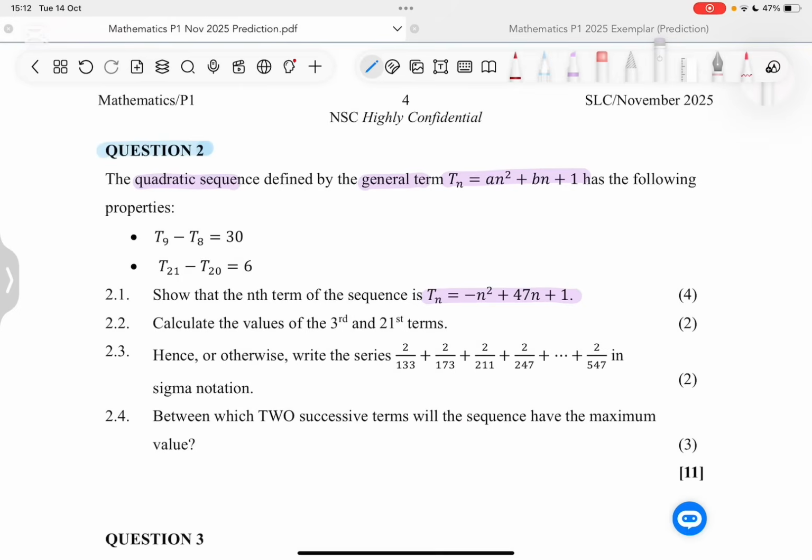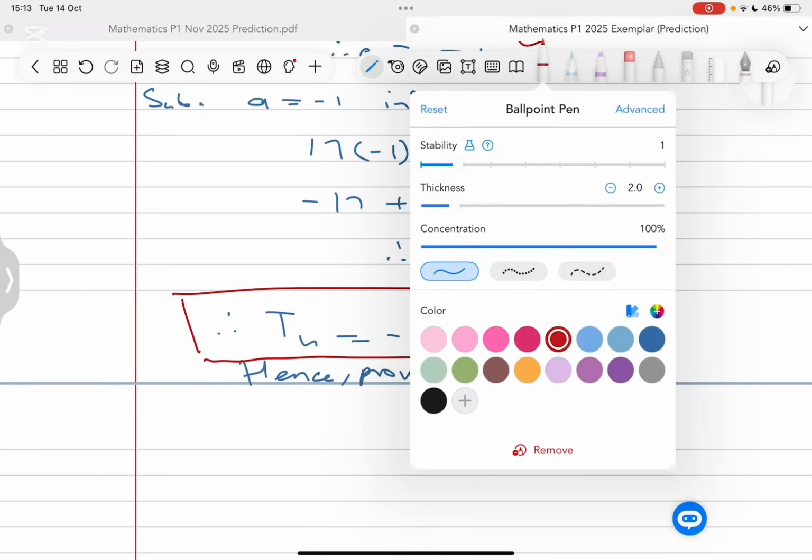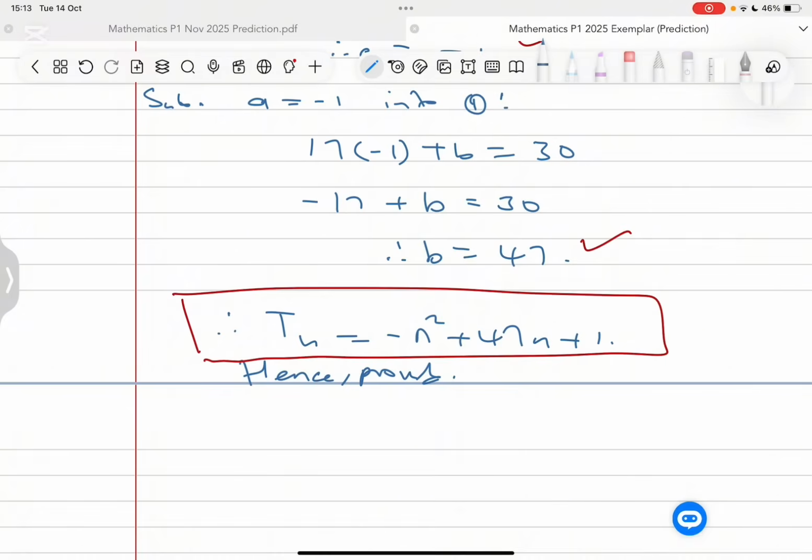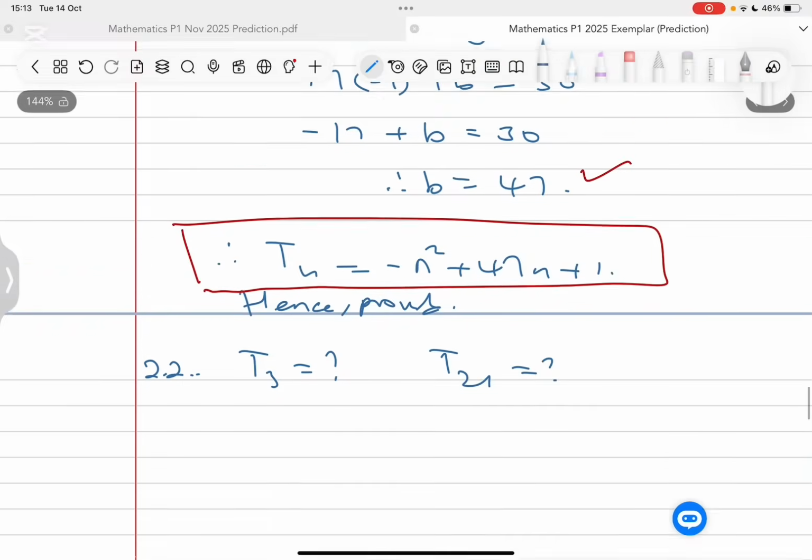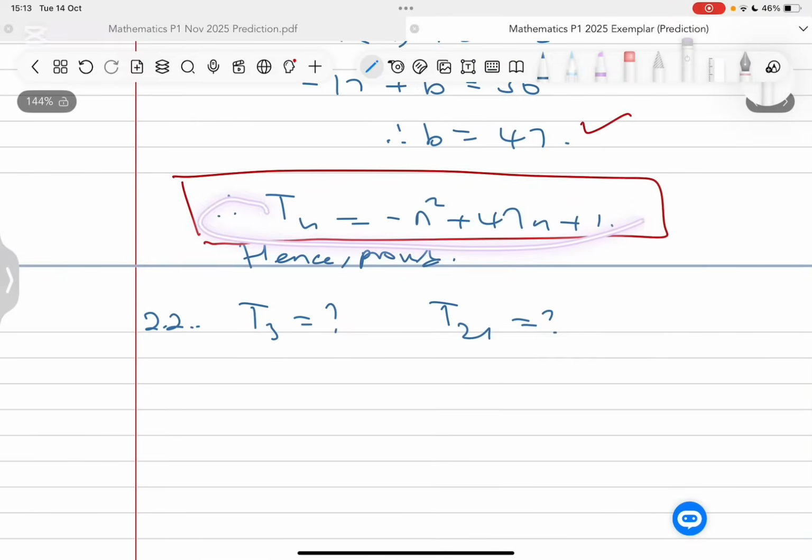Now we then jump to question 2.2 that says calculate the values of the third and the 21st terms. Now this should be a really boring question, because what we want here is to actually find the third term and also the 21st term. So that means we simply use this formula here by substituting the value of n to be 3 and the value of n to be 21 to find those terms.